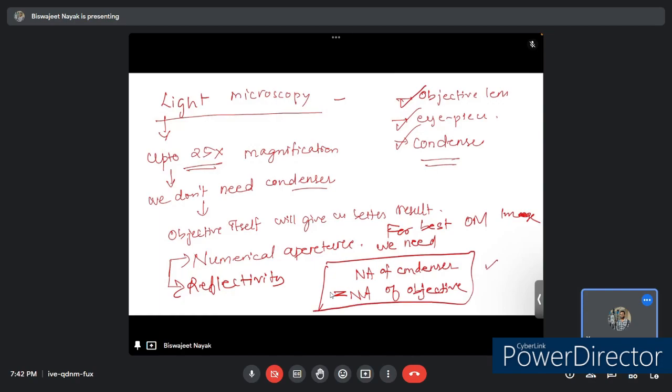And if we have better numerical aperture, that also helps in giving us better illumination, and hence it gives us better reflectivity. Better numerical aperture, better illumination, optimum reflectivity.